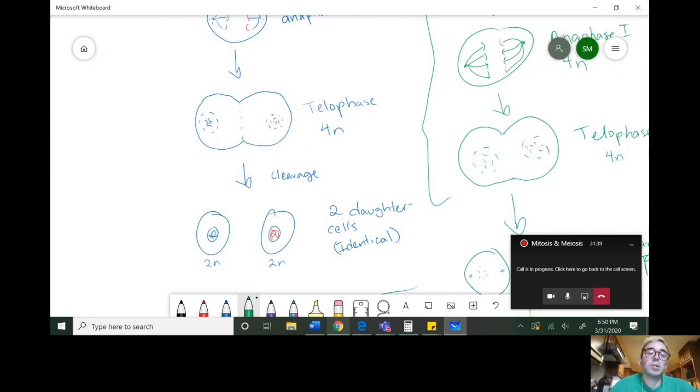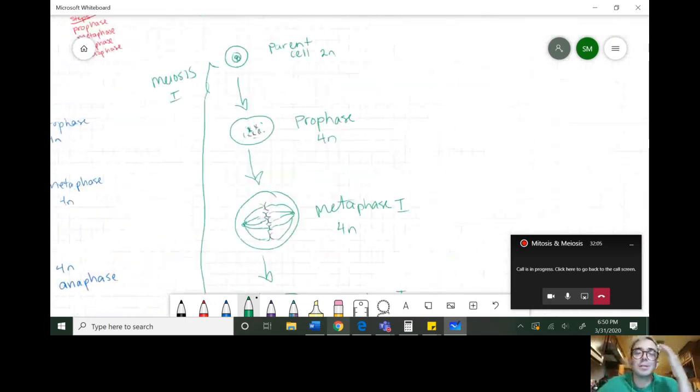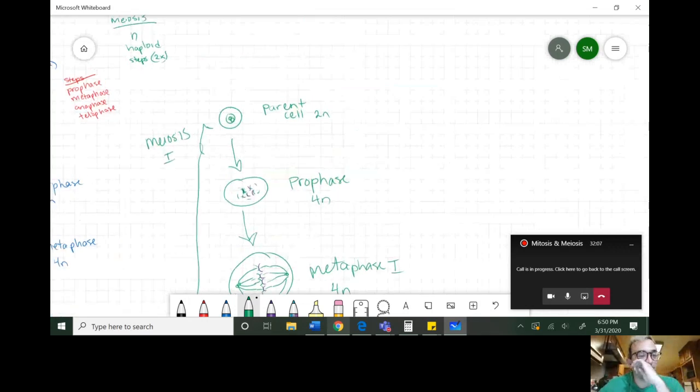That will produce 2 identical daughter cells. So mitosis, mito, 2 sisters. My 2 sisters. Oh, mitosis. Oh wait. Mitosis. Mito. Yeah.